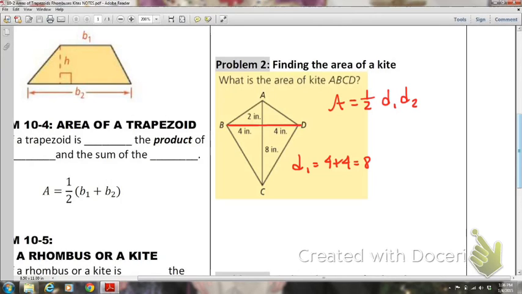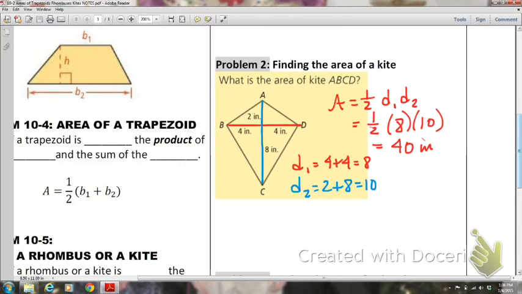And then we'll say diagonal 2 is this diagonal. So diagonal 2 is going to be the 2 plus the 8, which is 10. So if we substitute these in, the area is going to be 1/2 of diagonal 1, which is 8, times diagonal 2, which is 10. So that's going to be 40. And we're in inches, so it's inches squared.